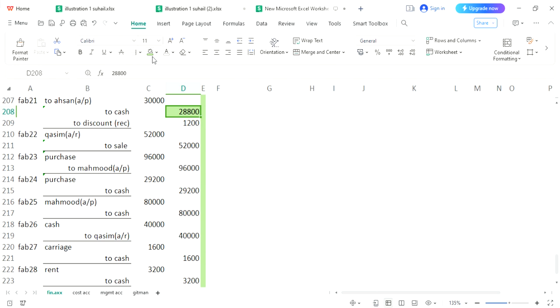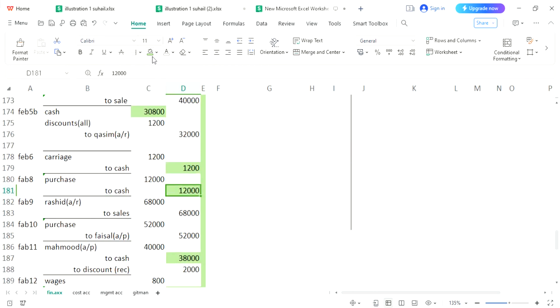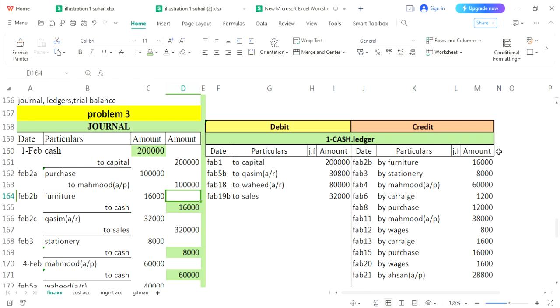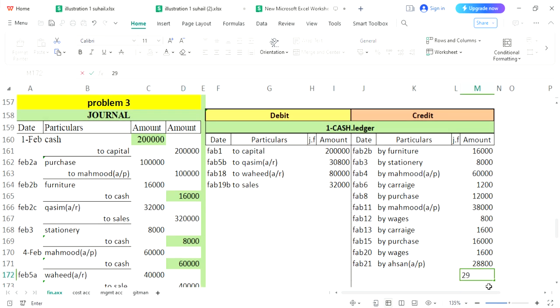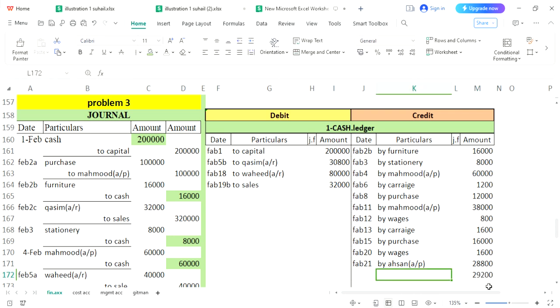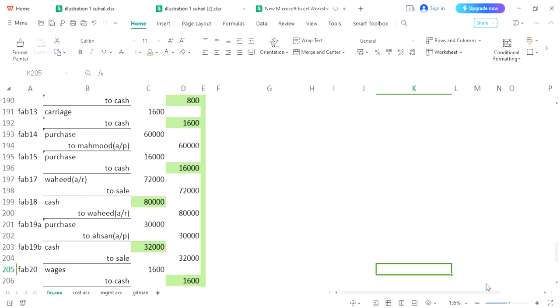After 28,800, let's see where else cash is present. We have found again cash 29,200 credit. So come over here and write down 29,200 on the credit side. See its reference.